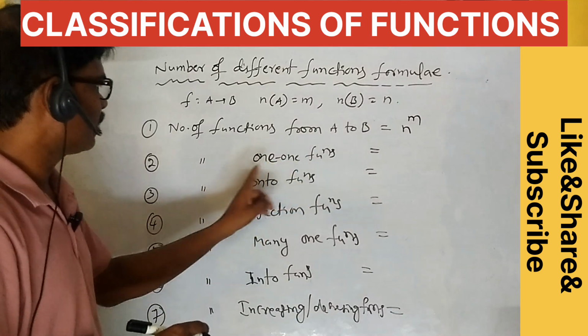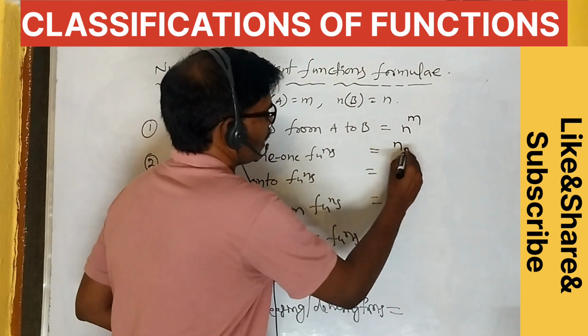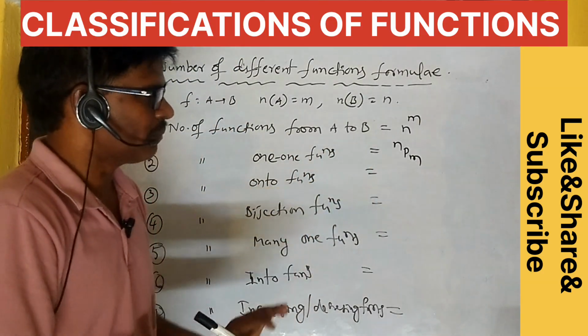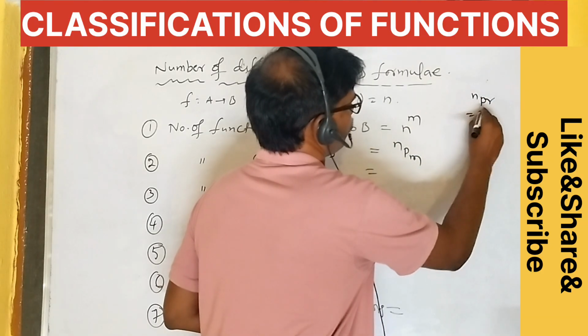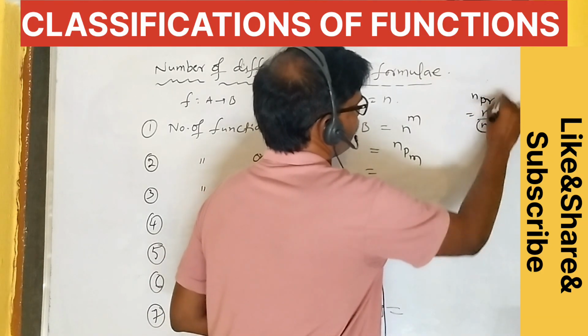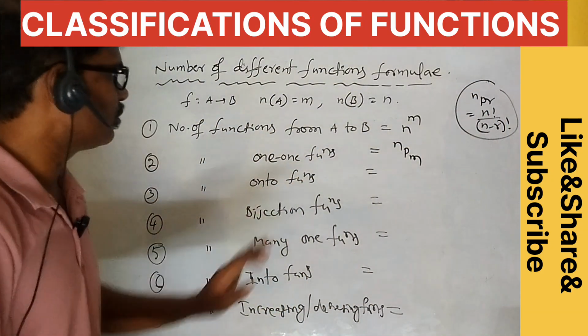Next, one-one functions. The number of one-one functions is nPm. What is the formula? The nPr formula: nPr is equal to n factorial by (n minus r) factorial. This is the nPr formula. Okay, next, onto functions.